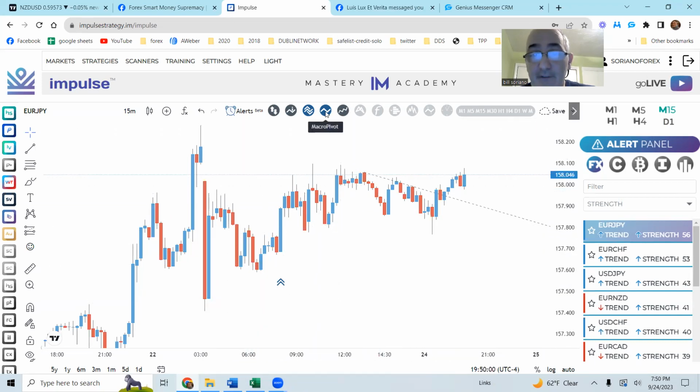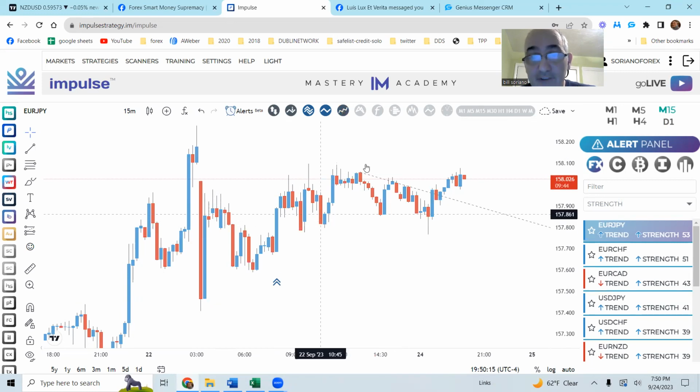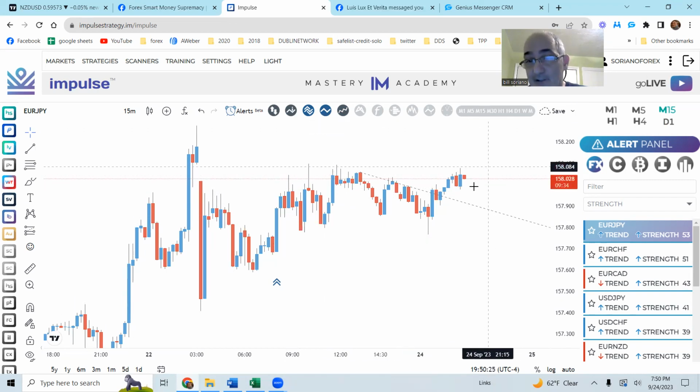And you can see right here, this is that macro pivot line. And I can shut it on and off using this indicator right here. It also gives you a micro pivot line as well, but we're not using that one right now because we're using the macro trend indicator. So we use the macro pivot line. So that kind of tells you how to take a trade. So you could be in that trade right there.